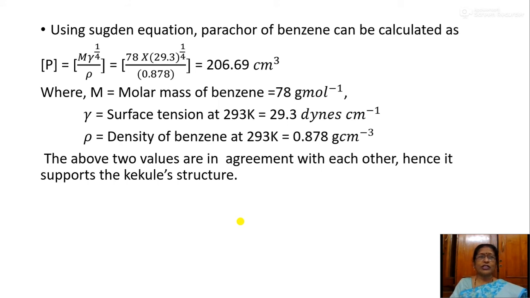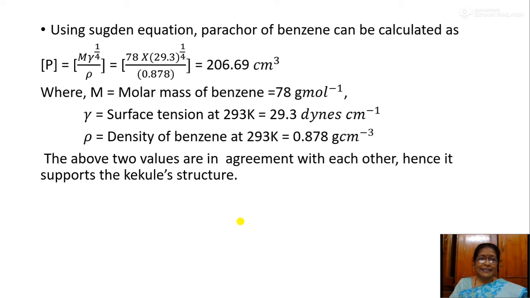Now let us compare this structure with the parachor or Sugden equation. As I told you, the Sugden equation, the square bracket P is equal to M, capital M, gamma to the power 1 over 4 over rho. Now the rho dash is negligible, which is equal to the molecular mass or molar mass of the benzene is 78 gram per mole, and gamma, the surface tension at 293 Kelvin, which is equal to 29.3 dynes per centimeter.